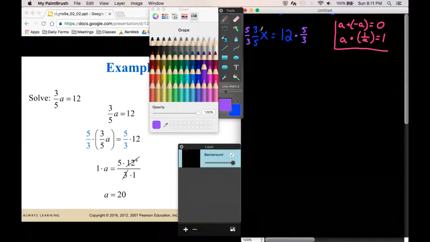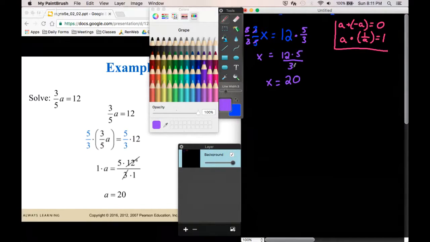And that's going to cancel out. These cancel out, and this just becomes 1x equals 12 times 5/3. You simplify that, you solve that out, and you are going to end up with x equals 20. You can do this a couple ways.